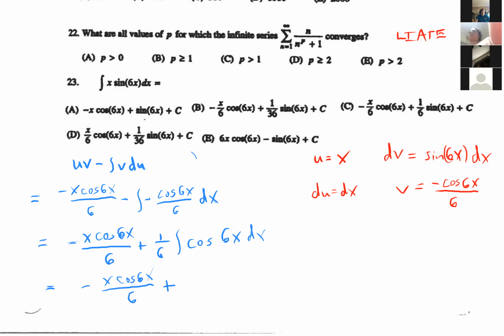So if it's over 6, I can pull out a 1/6. 1/6 times 1/6 is 1 over 36 sine of 6x. And I need the plus c at the end. So 23, that looks like letter B.